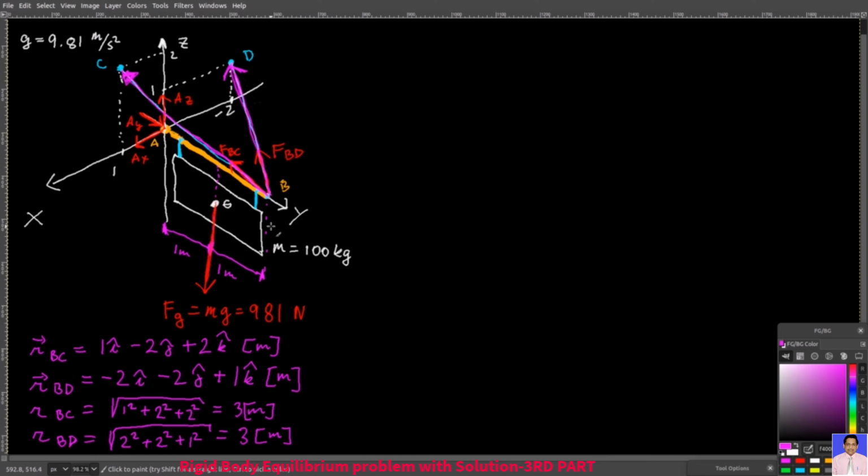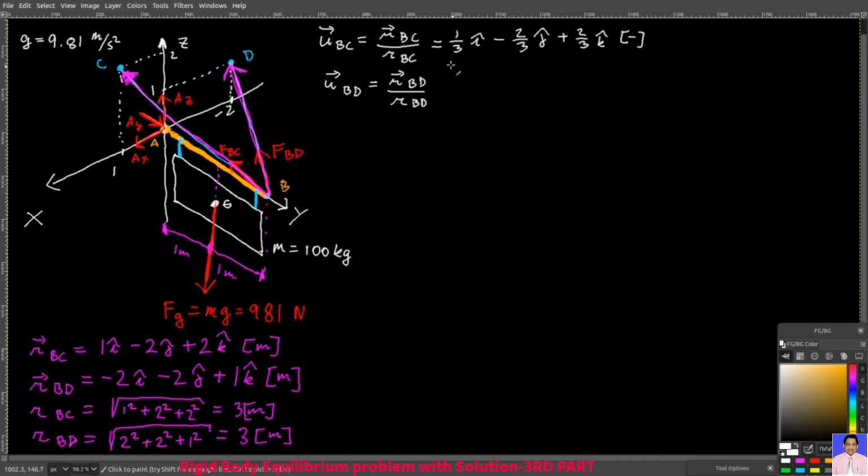Then the general unit vectors from B to C and from B to D are the following. This is uBC and this is uBD, and they are both unitless. And now, to decompose FBC and FBD, you do the following.